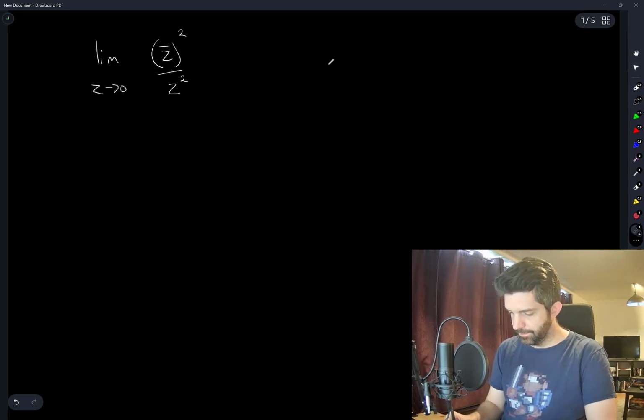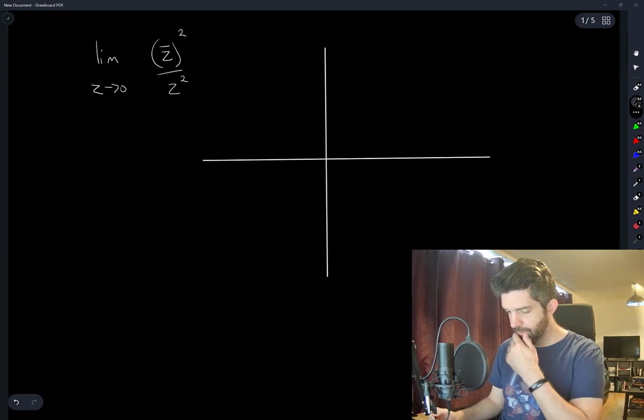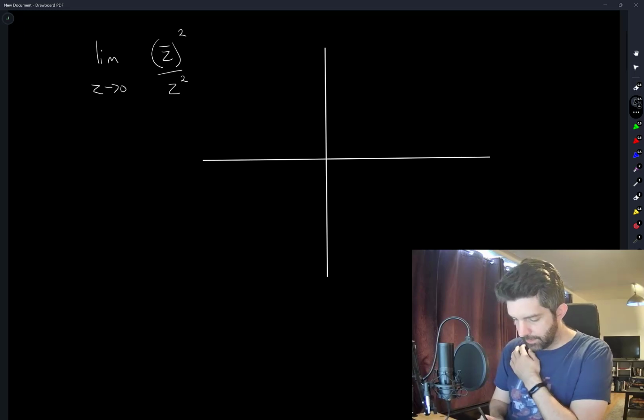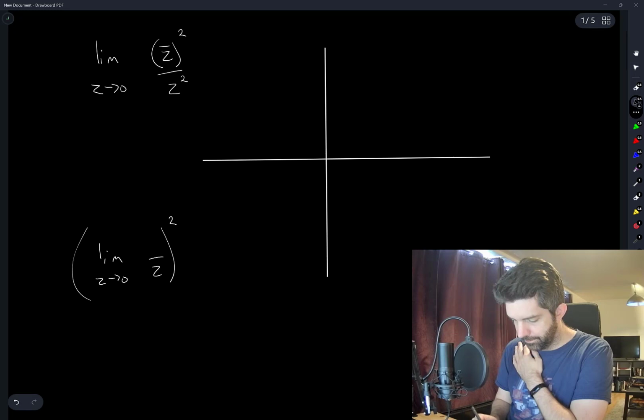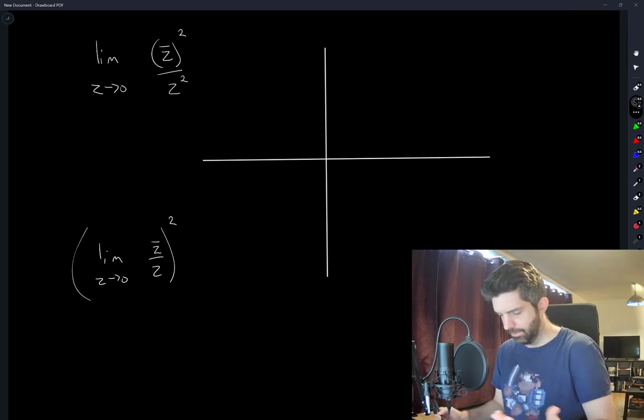So if it did exist, it should be the same as the limit as z goes to 0 of z bar over z all squared, I think.